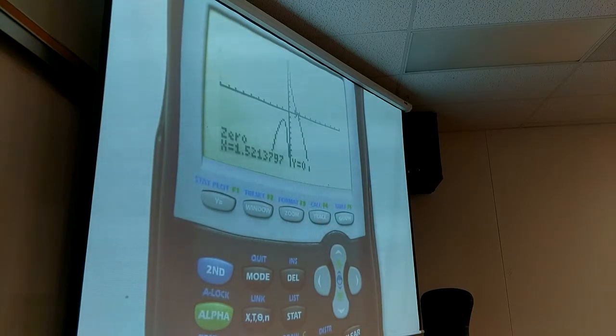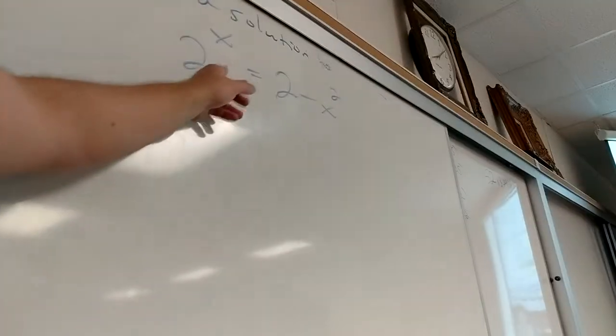e to the x equals 2 minus x squared. So just to get you guys started on this, before you figure out what f of x is, give a rough sketch of this and see where they meet. That's going to be your first guess.